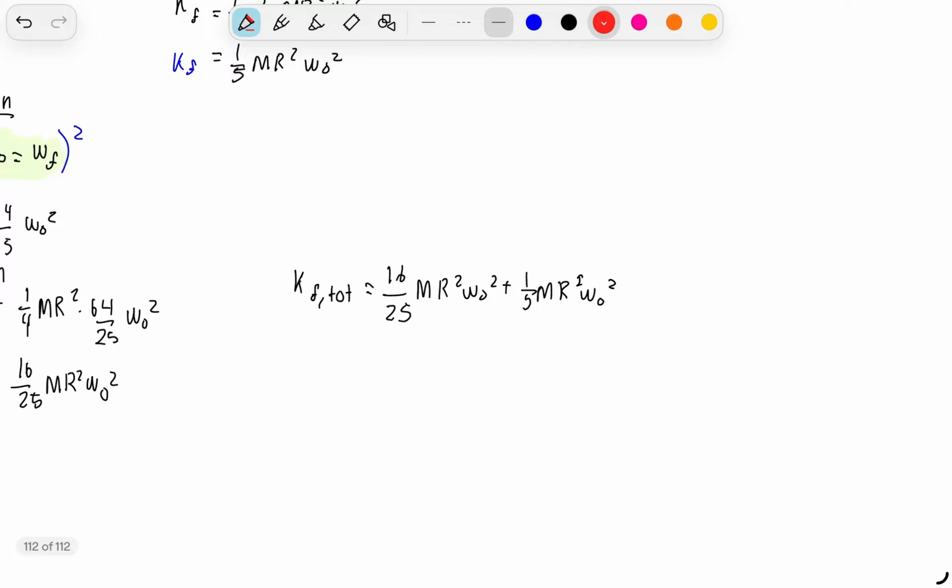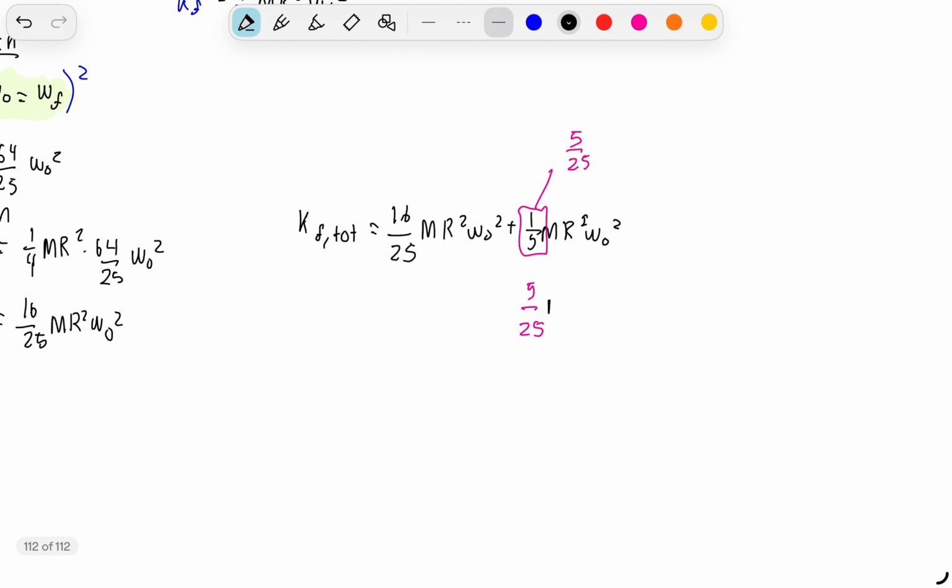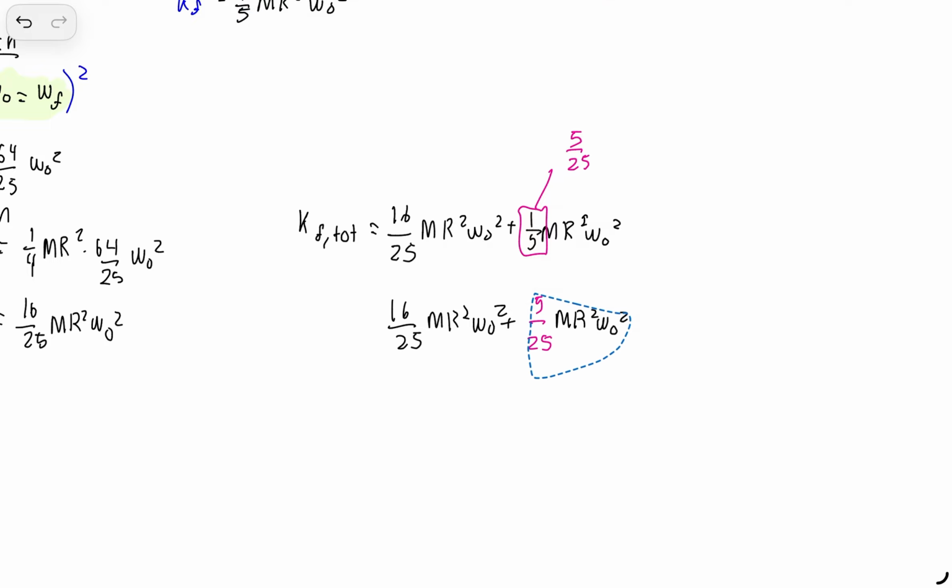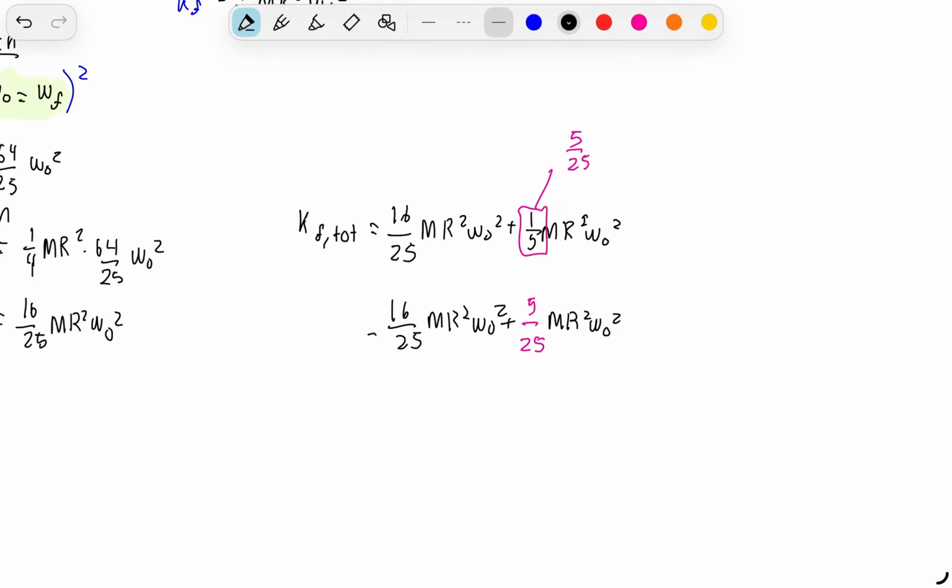And we know that 1/5 is the same thing as 5/25. So that's 5/25 mass radius squared omega initial squared, and this is 16/25 mass radius squared omega initial squared. So this is equal to 21/25 mr squared omega initial squared.